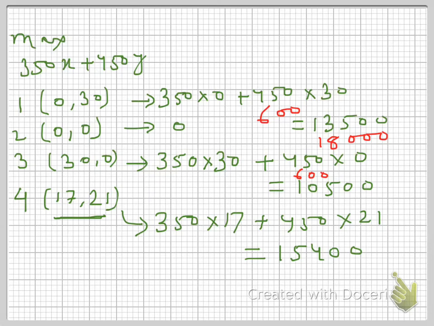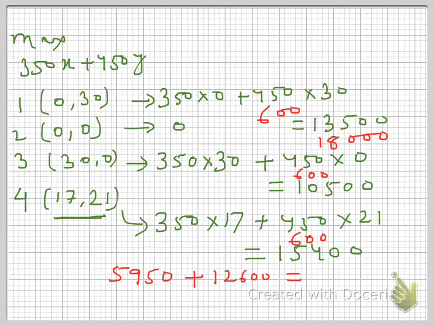In the fourth case, when we change this 450 to 600, you find that the profit value will be 350 multiplied by 17, that is 5,950, plus 600 multiplied by 21, which is 12,600.